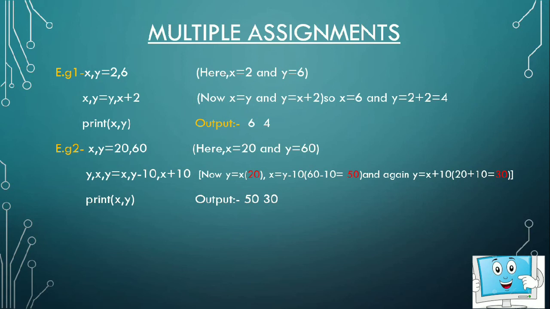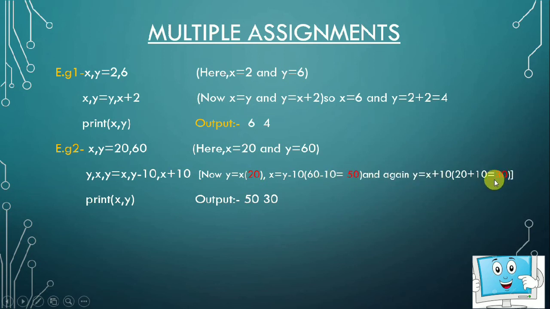So 60 minus 10 is 50 and again y equals x plus 10. In this case the value of x is 20. So 20 plus 10 becomes 30. So we have y as 20, then the value of x became 50 and then the value of y became 30.